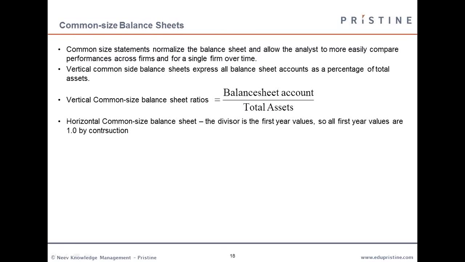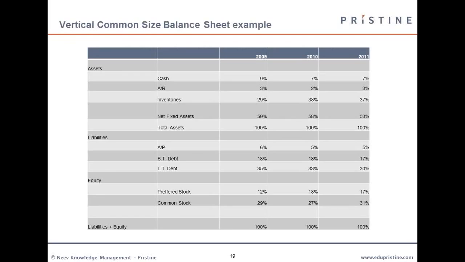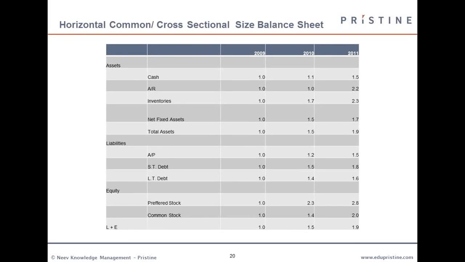Again, we have horizontal common size balance sheets. In this, across the years, we take the starting year as one, and we look at the relative change in each of the items. So in the first year we put all the items as one, and in the next year we see the relative change in each of the items.